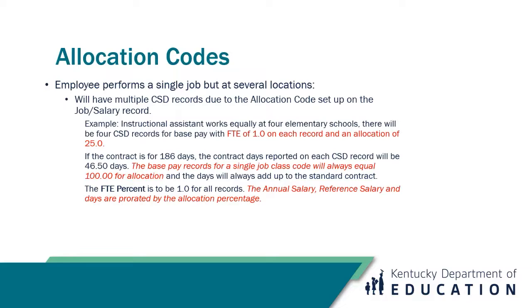The base pay records for a single job class code will always equal 100 for the allocation, and the days will add up to the standard contract. But the FTE percent is to be 1 for all the records because they're doing one job. They're just doing it at 4 different locations, so of course the GL string will be different. The annual salary, the reference salary, and the days are prorated by the allocation, which is that 25.